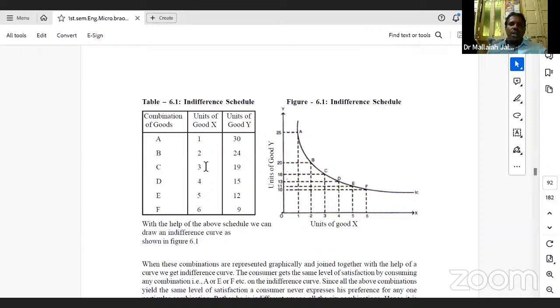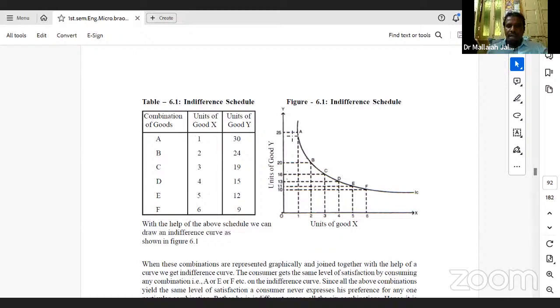In B combination, X commodity is 2 and Y is 24. If we join all these points A, B, C, D, E combinations, we get the indifference curve. We call it the indifference curve.